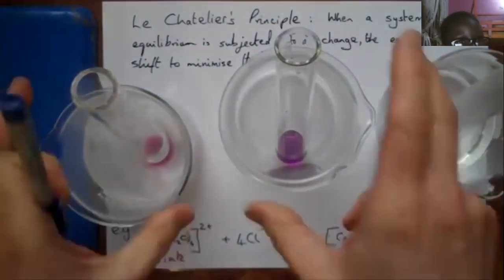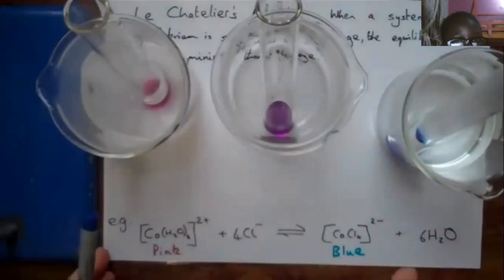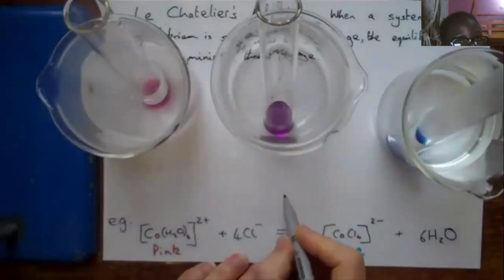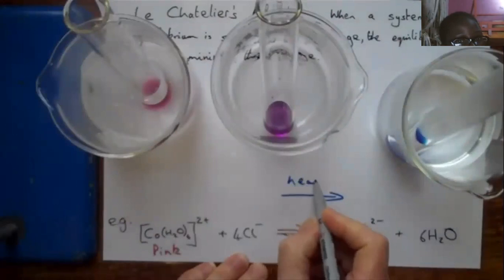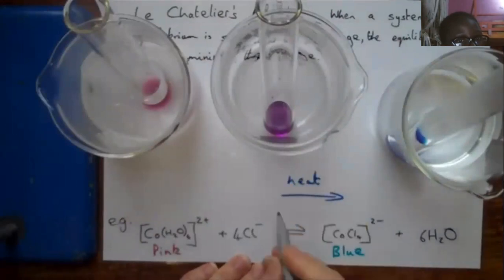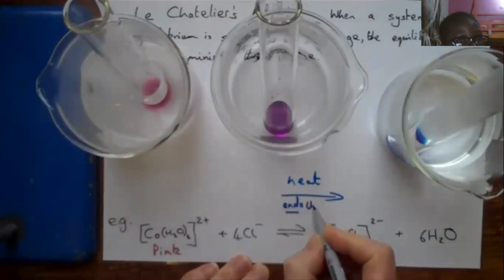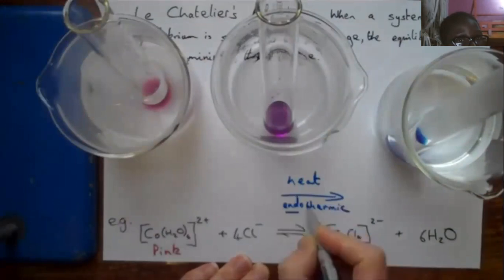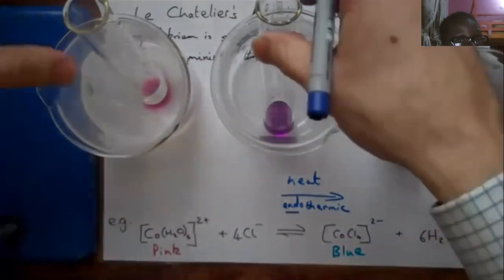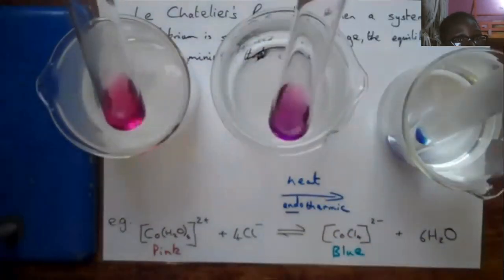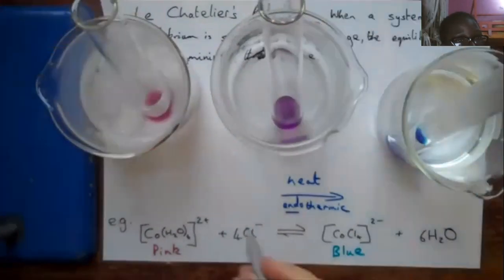Let's just recap then. Heated up, it goes blue. So with heat, it goes in the blue direction. So going to the right, making the blue chemical, must be endothermic. And when I cool it down, here in ice, here at room temperature, it becomes more pink.